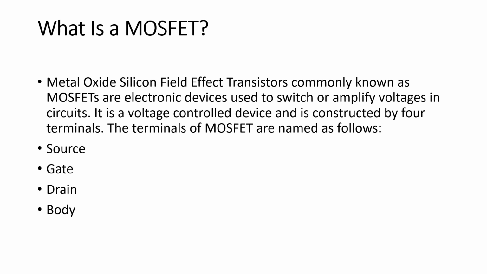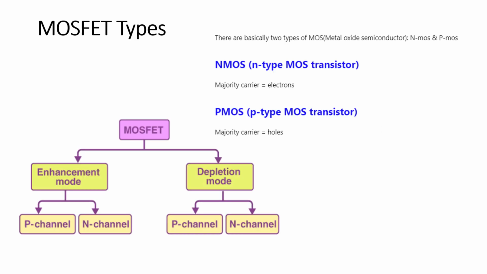It is a voltage controlled device and it has 4 terminals: source, gate, drain and body. A BJT, bipolar junction transistor, has 3 terminals called emitter, collector and base, and a BJT is a current controlled device while a MOSFET is a voltage controlled device.